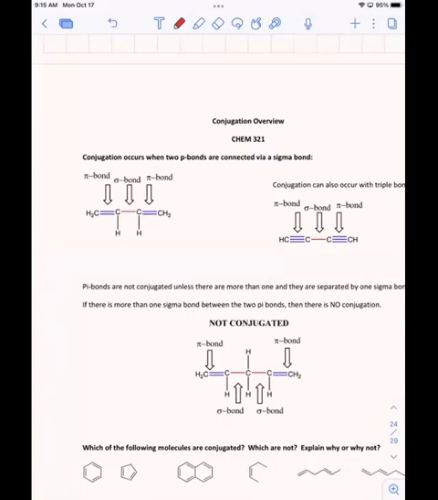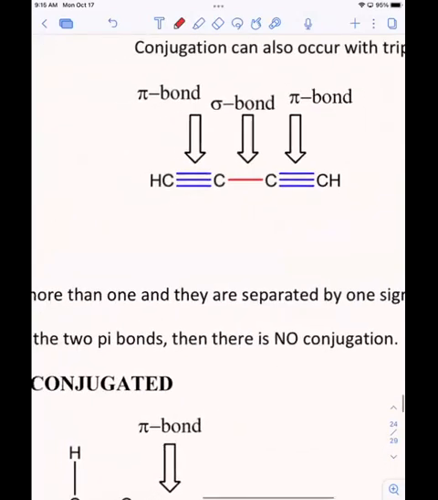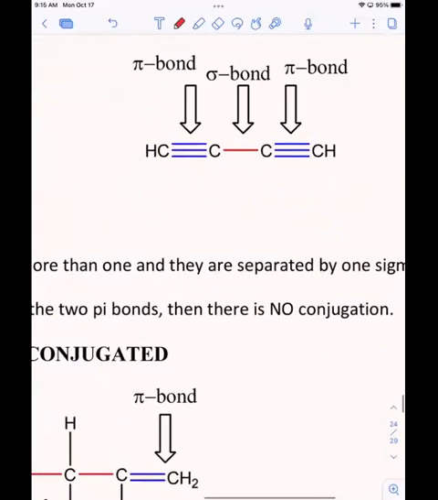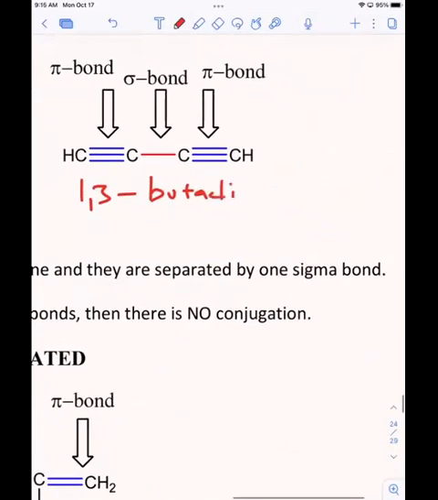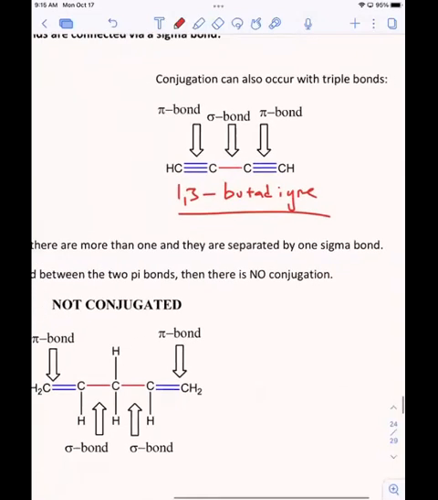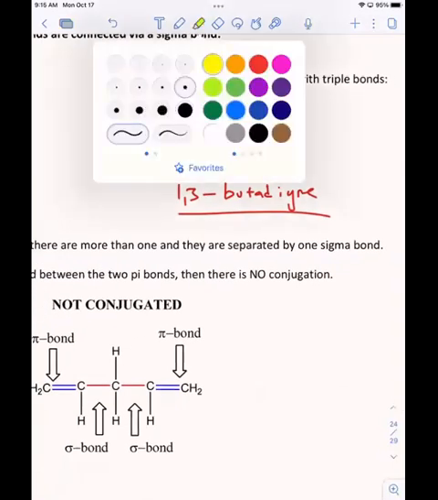All right. And it's not limited to double bonds, right? I have an alkyne over here, which is also conjugated, right? You can see the pattern here, right?